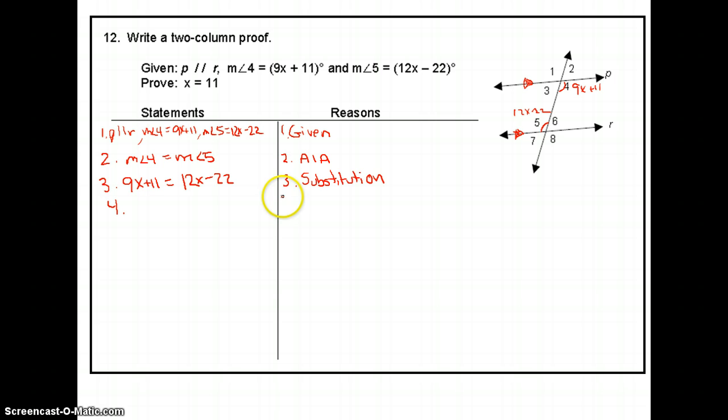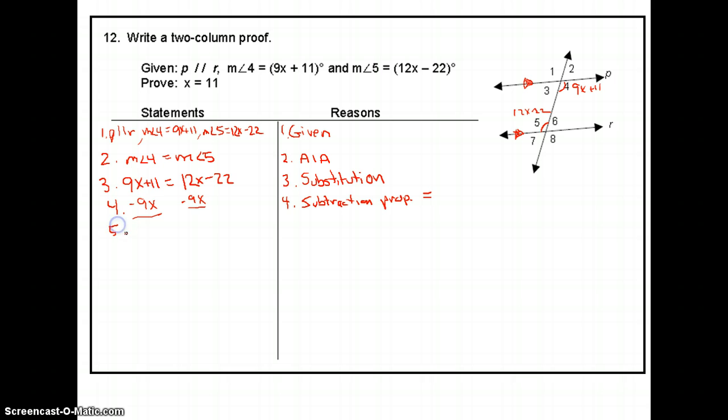This is just algebra now. First thing we're going to do is subtract 9x from both sides. You might have a different first step. And that's going to be subtraction property of equality. 5.